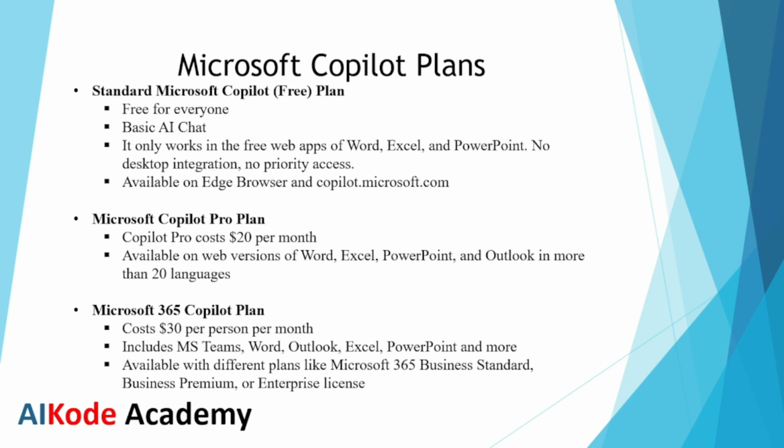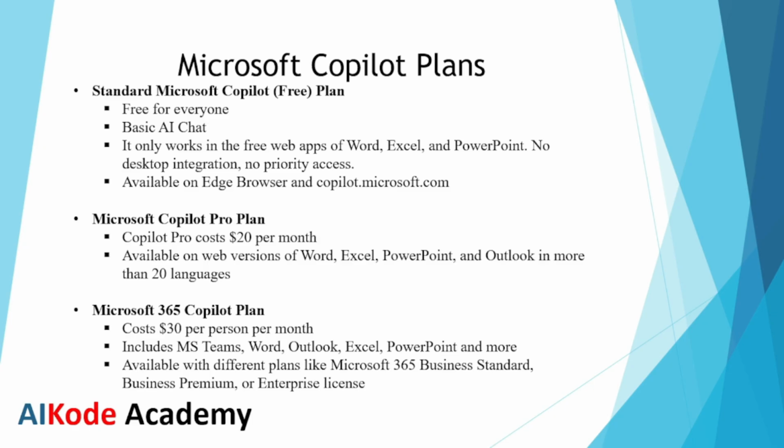With this version, you will get basic AI features like help with writing and small data tasks, and it only works on web and Copilot chat. On web, it can be accessed on Edge browser or on copilot.microsoft.com portal. On desktop, it is available on Start menu.